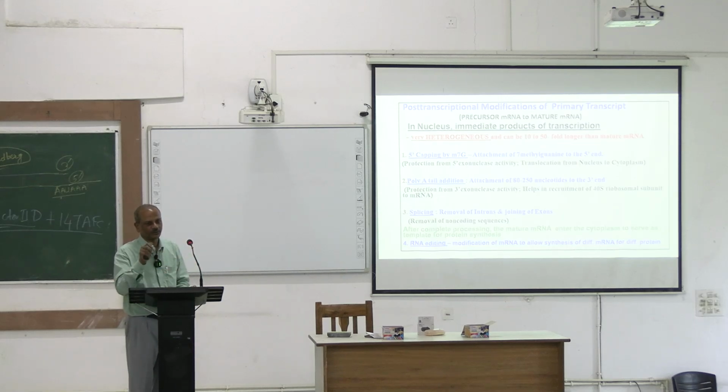So it has to come out. All the post-transcriptional modifications take place in the nucleus itself, and if it is not done, it is not complete; the rest of the functions are done at the cytoplasm level only.